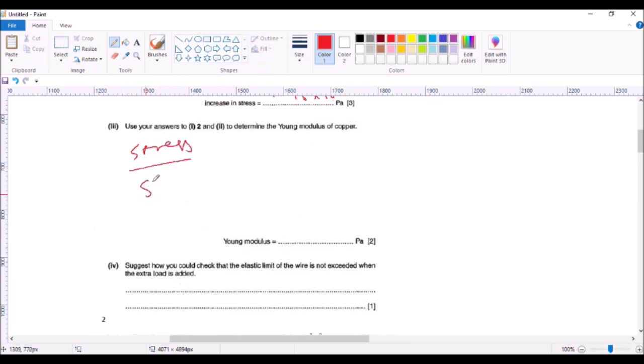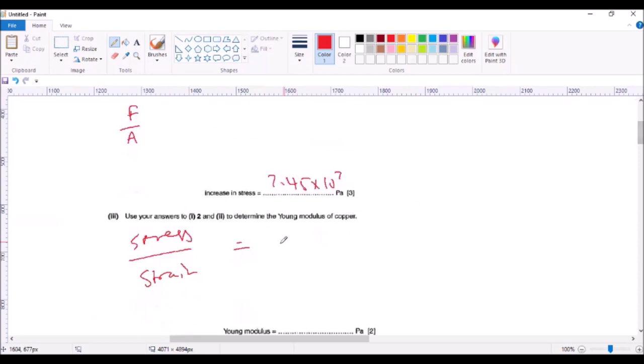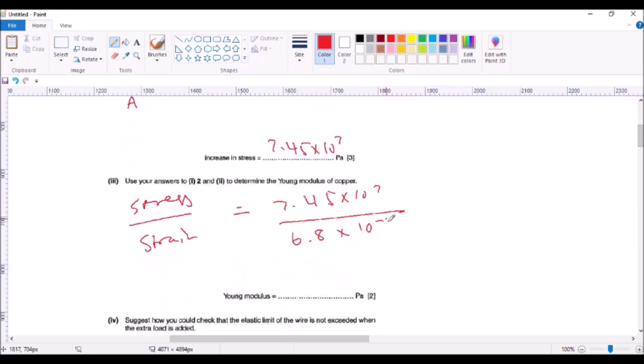Young modulus is stress over strain, so 7.45 times 10 to the power of 7 divided by the answer in A, 6.8 times 10 to the power minus 4, is 1.096 times 10 to the power of 11. You can call it 1.1.